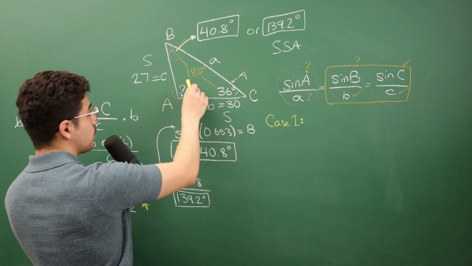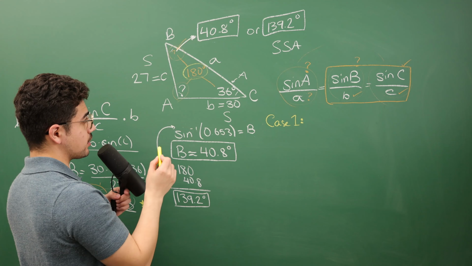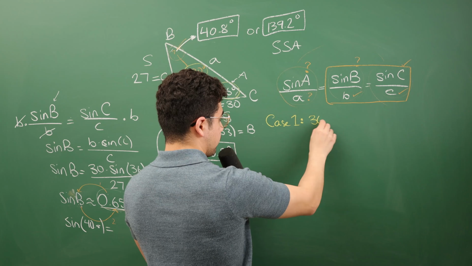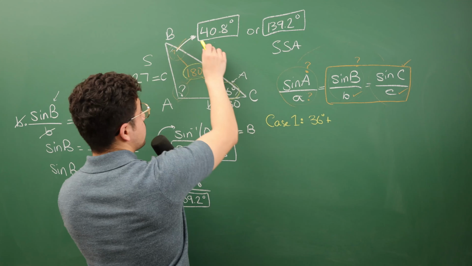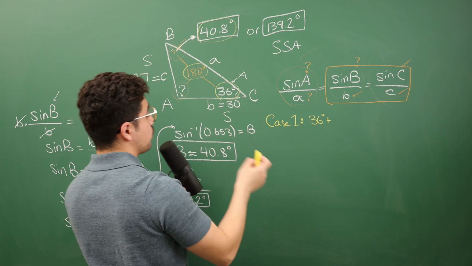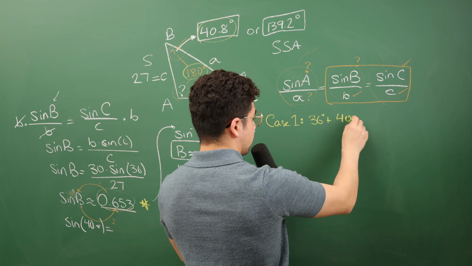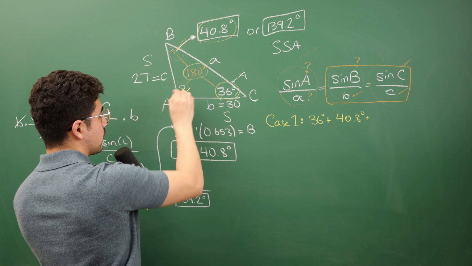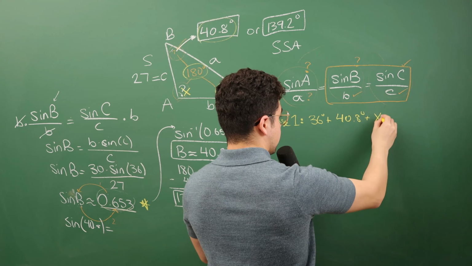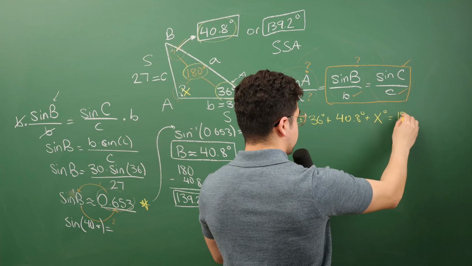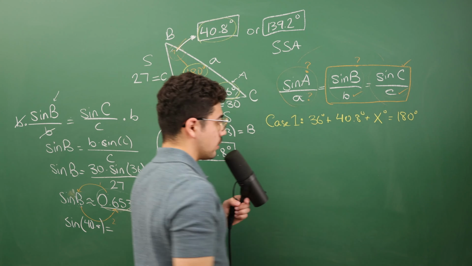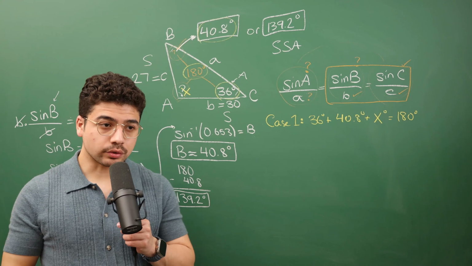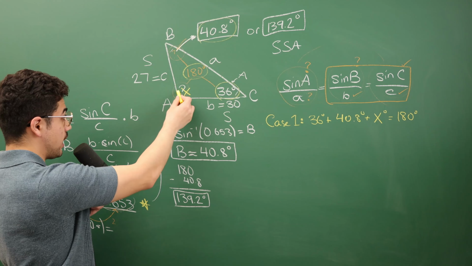Like I said earlier, I know that they all must add up to 180 degrees, all three. So let's start 36 degrees plus, let's take the case that B is 40.8. Plus some other angle measure here, we'll call it X, plus X degrees must be equal to 180. We have to ask ourselves, is there enough angle measure left over for there to even be an angle measure A?